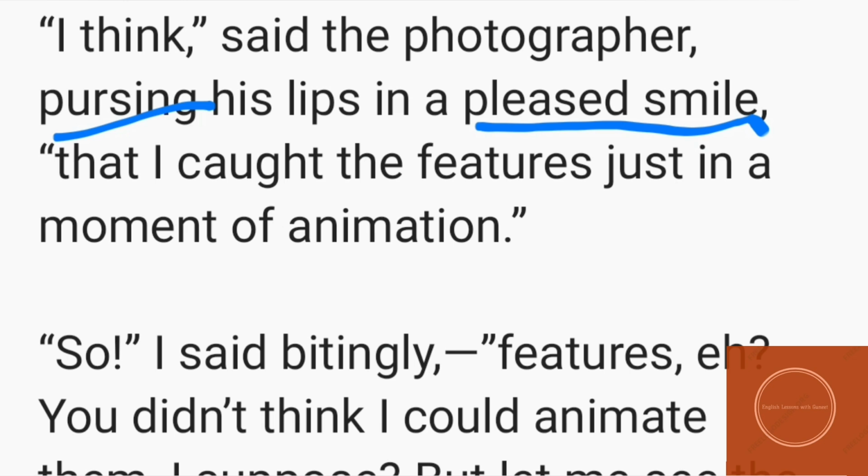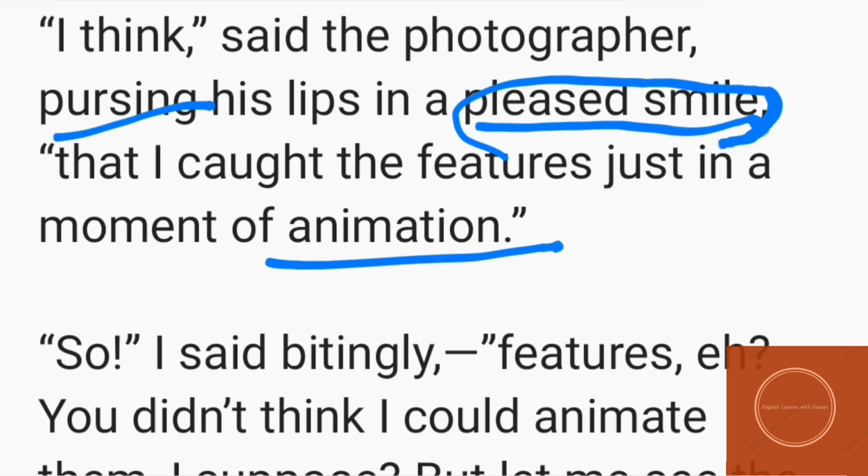And why this pleased smile is there, because he thinks that he has got the perfect desirable photograph that he wanted. He feels that he has taken that photograph, so that is why he has this pleased smile. That I caught the features just in a moment of animation means he had just caught the features of the protagonist in the moment of animation.